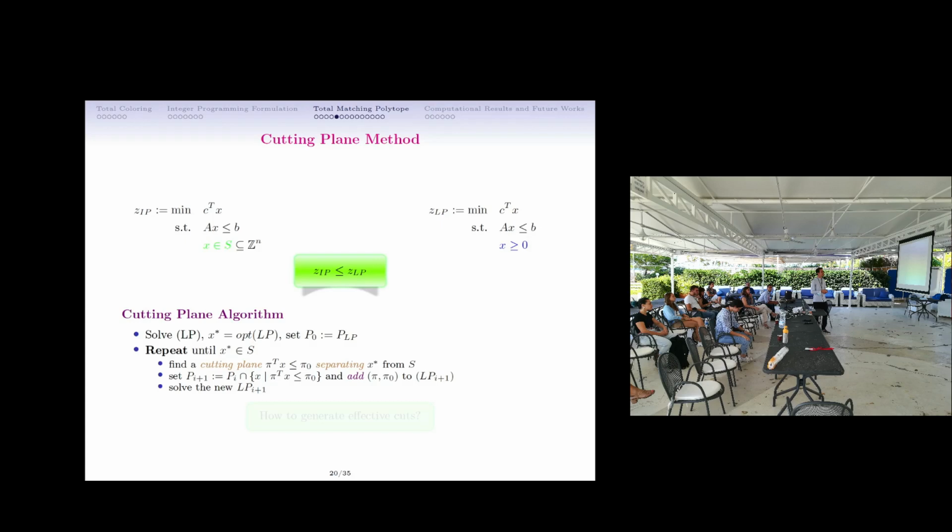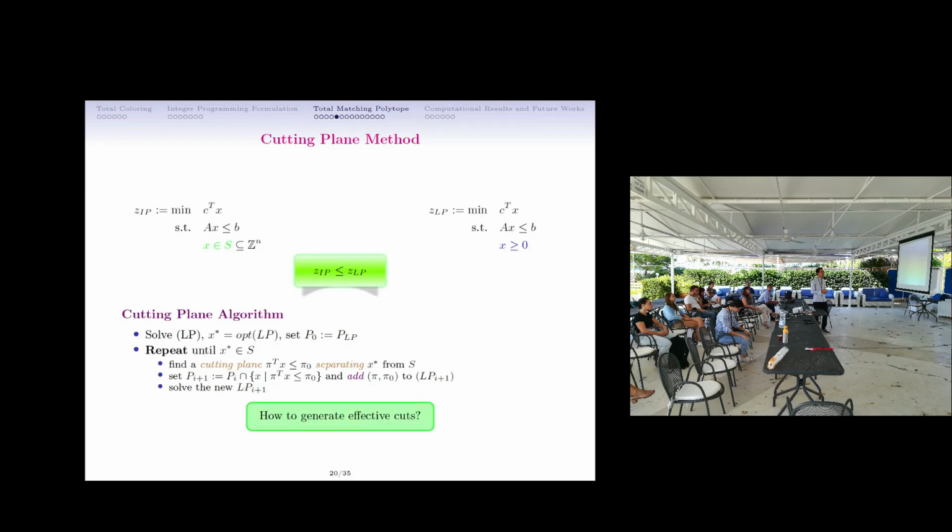We repeat this process until that optimal value stays in S. So we want to find a hyperplane that separates that point from S. We can update the polytope with a new cut to the LP problem, and so we solve this new LP problem with a new cut until we reach the optimal value.